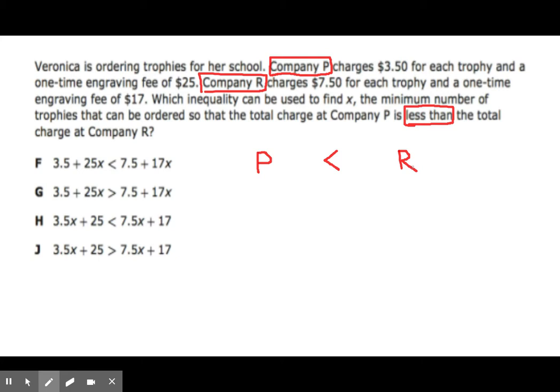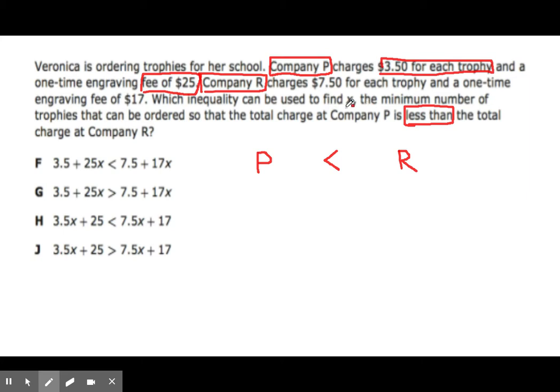All right, so let's see what it says about each company. Well, we know that Company P charges $3 for each trophy and a one-time engraving fee of $25. All right. So what's our variable going to represent?